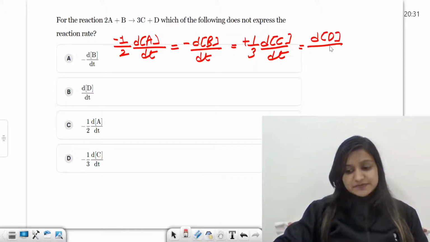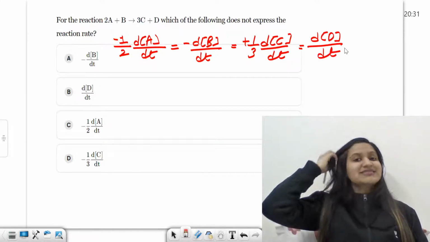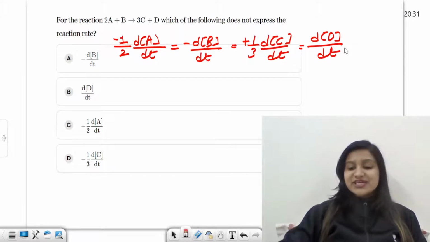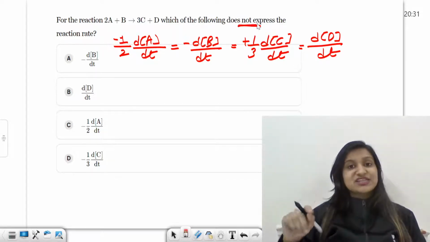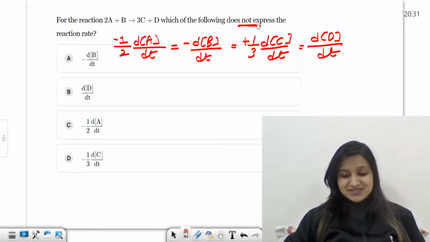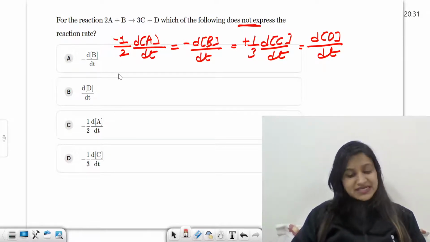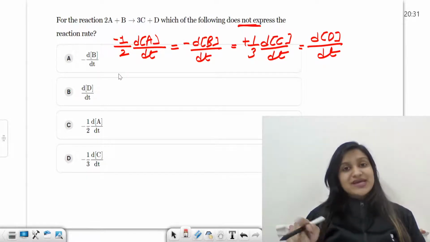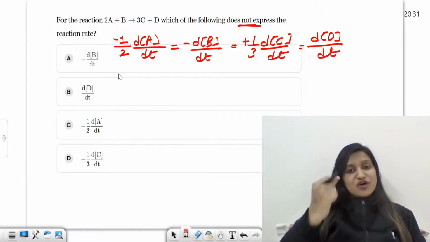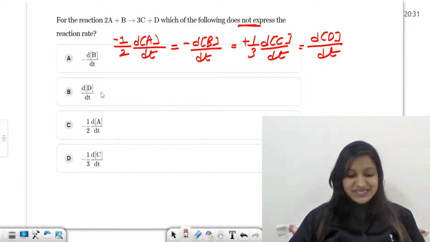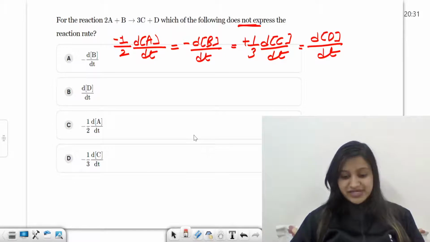Right? So let's see which of these cannot express, does not express. Minus dB by dt does express, so that's why this is not our correct option. Plus dD by dt, it is also correct.